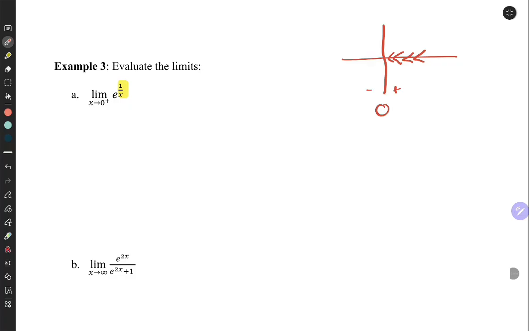Try to imagine that, and then 1 divided by that, and then e raised to that. Try to plug in a few numbers in your imagination, do the math. 0.0001, and 1 divided by 0.0001 gives you what? What do you think?